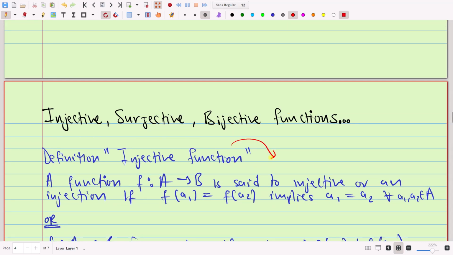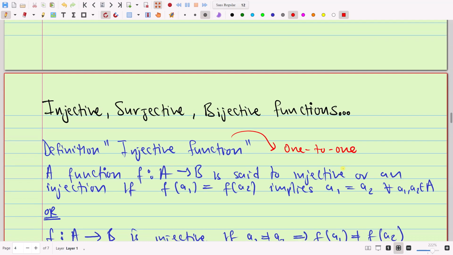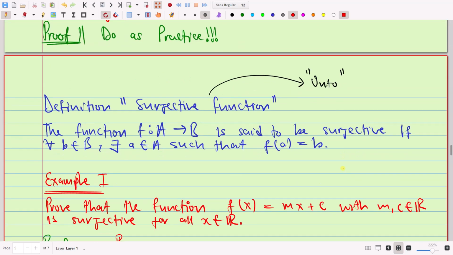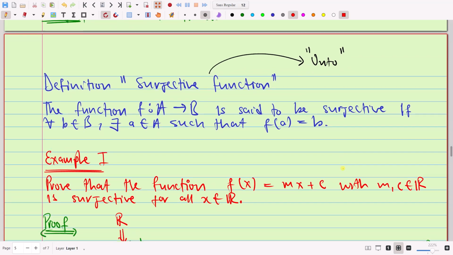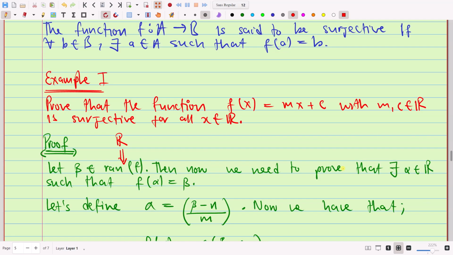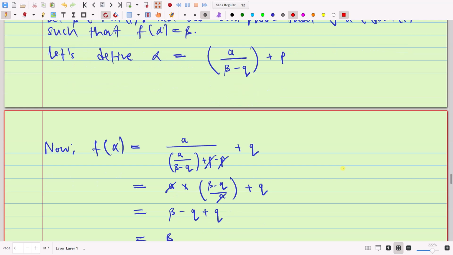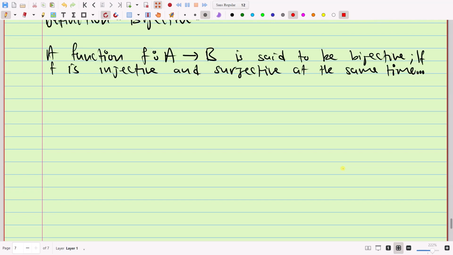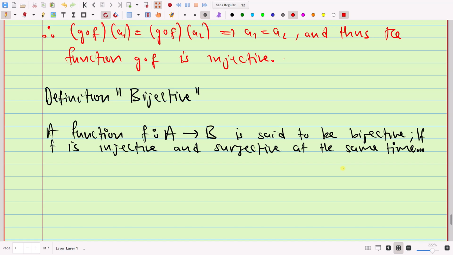And a function which is injective is one-to-one. So if a function is injective, we mean there is a one-to-one correspondence. And a function which is surjective, some folks say the function is onto. So onto simply means surjectivity. So yeah, that's the other thing that I can add.